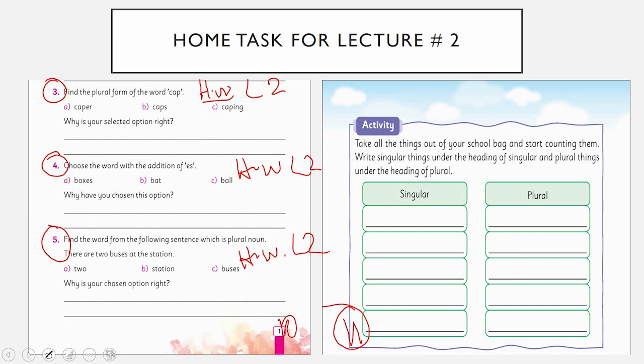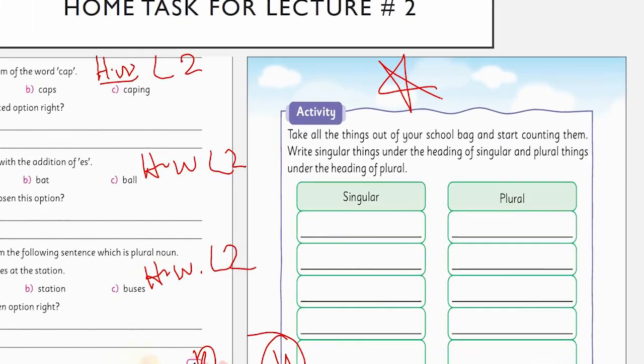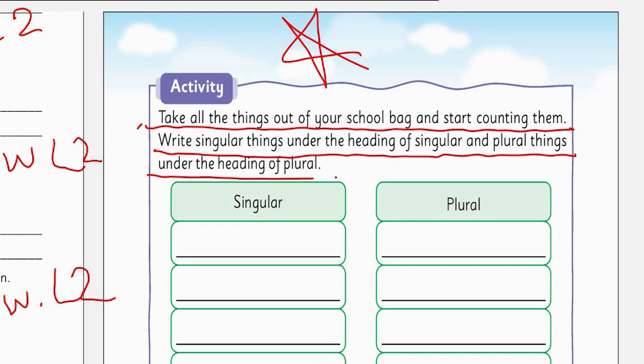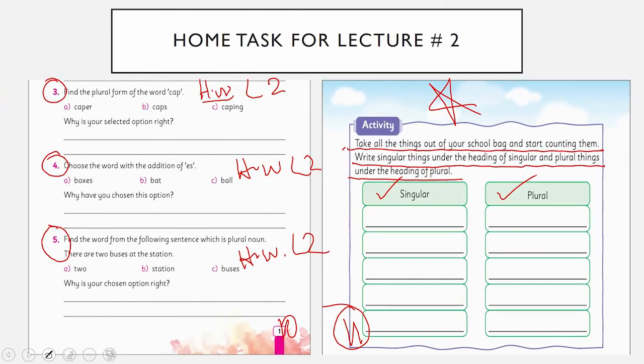And this activity you're going to practice at home and you will do it all by yourself. Take all the things out of your school bag and start counting them. Write singular things under the heading of singular and plural things under the heading of plural. I hope you have recalled the concept of singular and plural and you will try to attempt the activity all by yourself. Please feel proud when you're done with your home task.